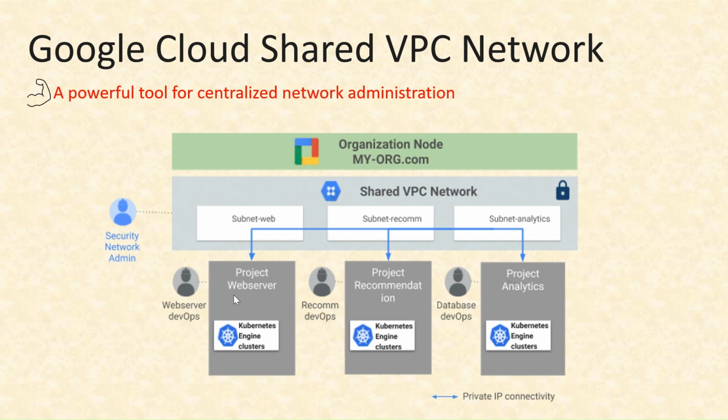This is a difficult and tedious task for the network admin. With shared VPC, your administrator can delegate administrative responsibilities such as creating and managing instances to service project admins, while maintaining centralized control over network resources like subnets, routes, and firewalls.